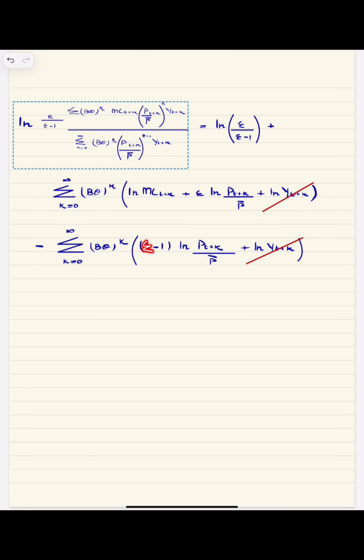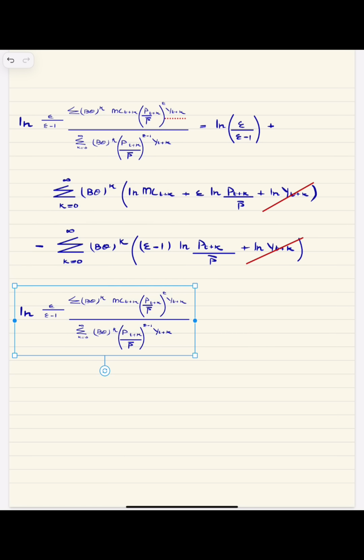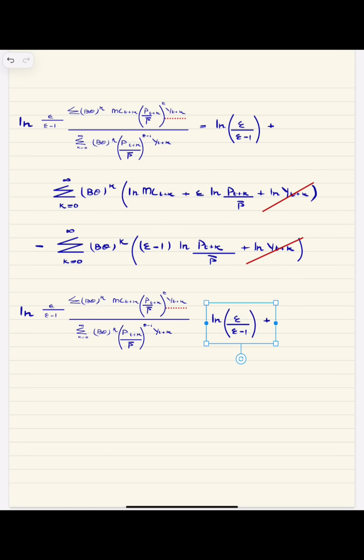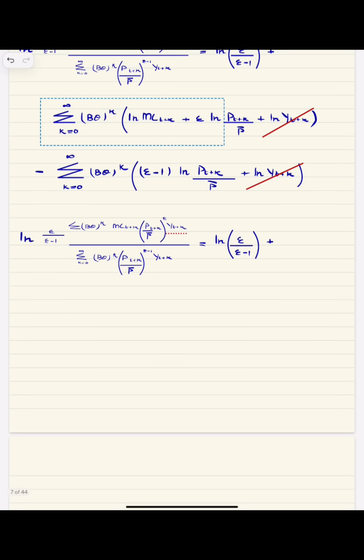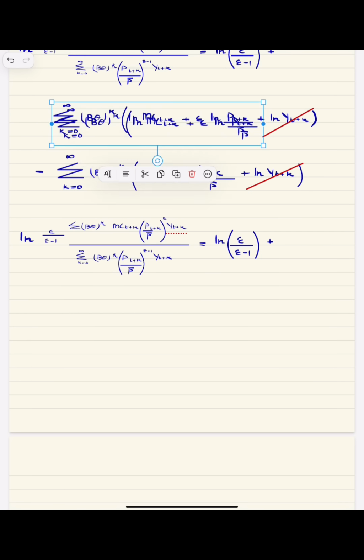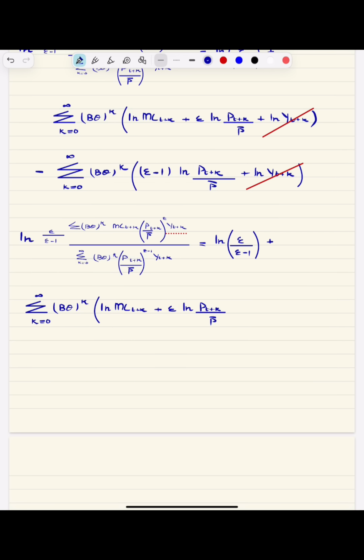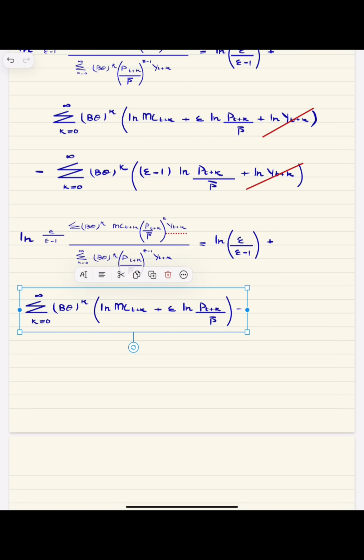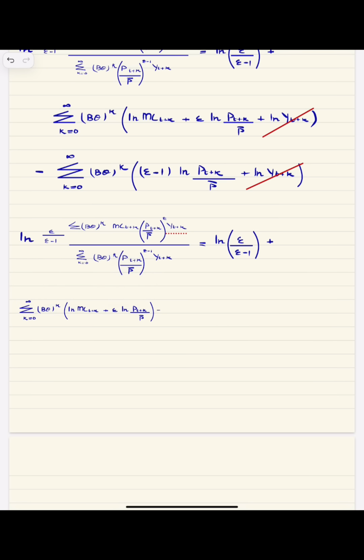Okay, let me rewrite it. So this remains here, this remains here again, right? And we have this expression. I'll close the bracket, minus, let's minimize this so this fits in my whole page, and I'll have this now.